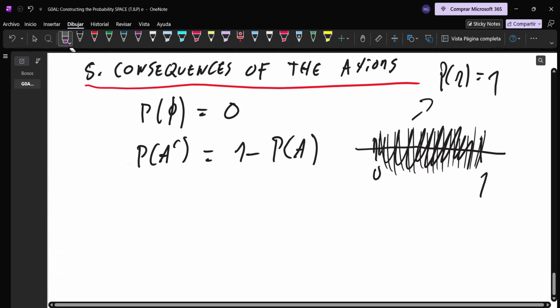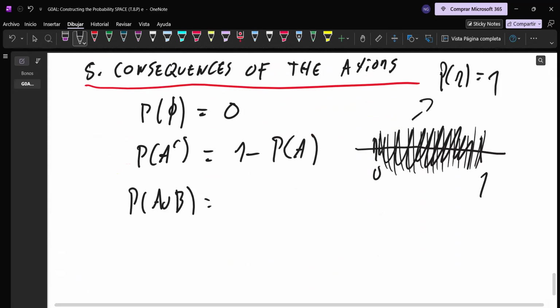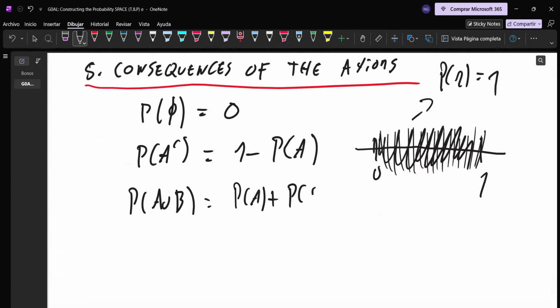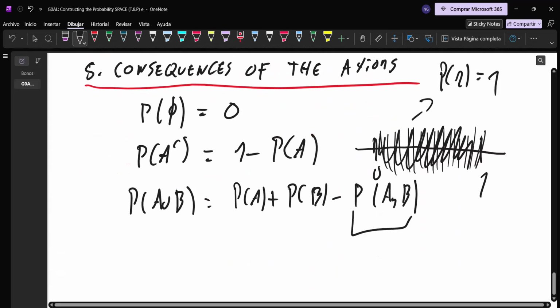It's very important. And a classic thing: the probability of the union of R and B is the probability of R plus the probability of B minus the probability of the intersection. This is something clear. Why is it so?